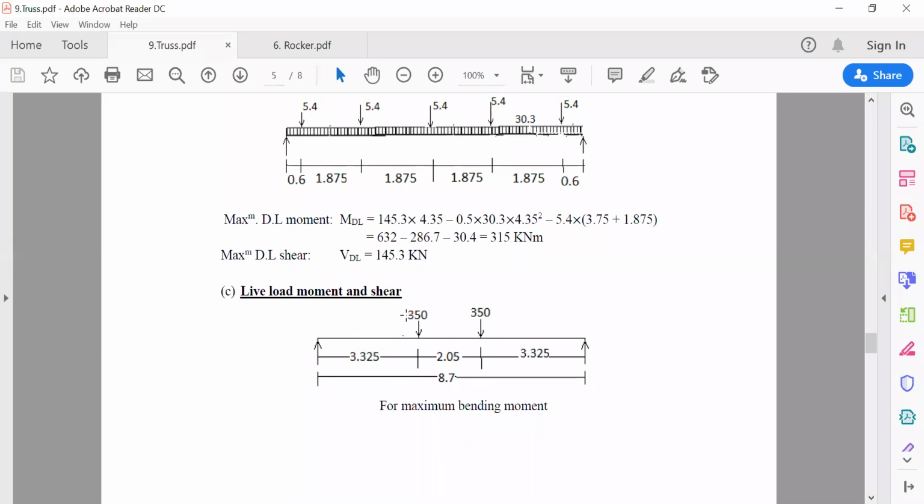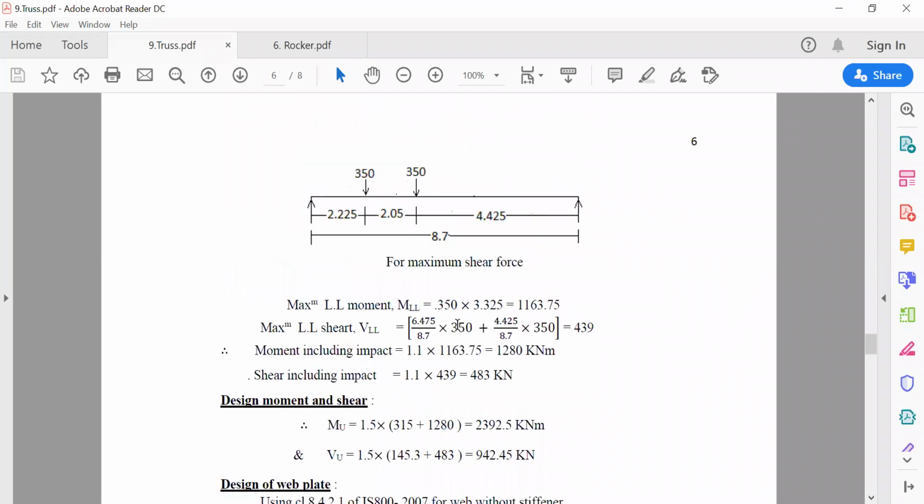Then for live load, see this. When you are looking at this cross girder, this is the cross girder, and this is the tank.